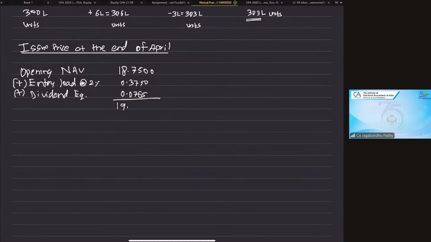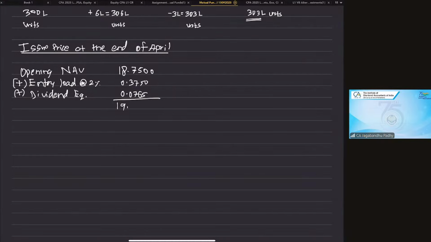Now, dividend equalization is what we are going to collect. So whatever income is available for distribution, I'll add the dividend equalization to it, for 6 lakh units. In April, have we paid dividend equalization or have we received it?